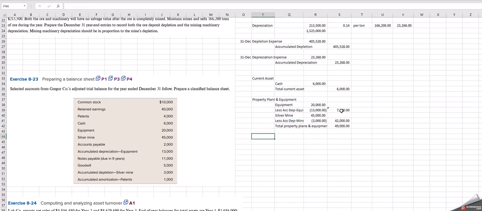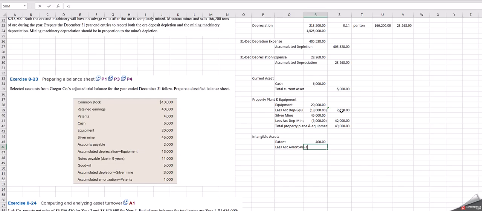Okay, then we come down to intangible assets, and we would have the patent at 4,000 less accumulated amortization of that patent. Whoops, I left a 0 out of there.